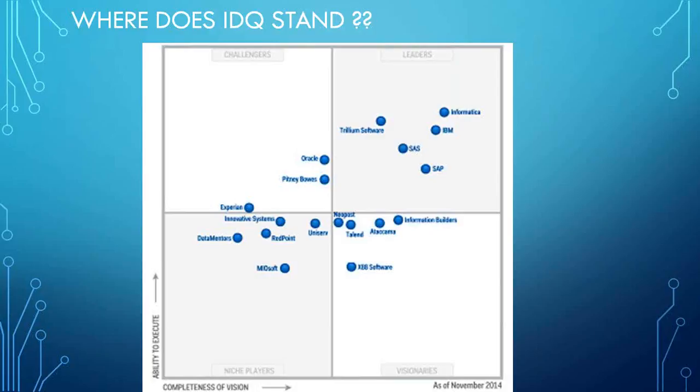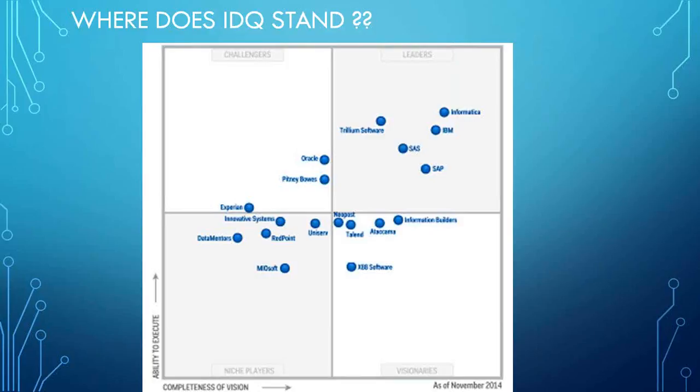Okay, this is picked up from the Gartner report, which they publish every year for all the tools, be it data integration tools, data quality tools, or MDM tools. If you see, they have four quadrants.